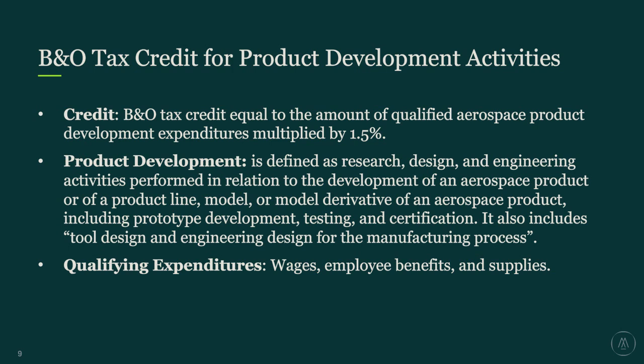We will move on now to a polling question. All right. Our second polling question: which of the following expenditures generally would not qualify for the aerospace product development credit? Your options are A, wages, B, supplies, C, employee benefits, and D, machinery and equipment.